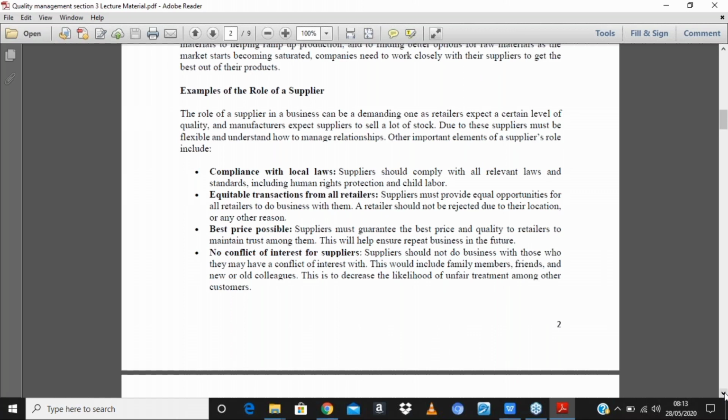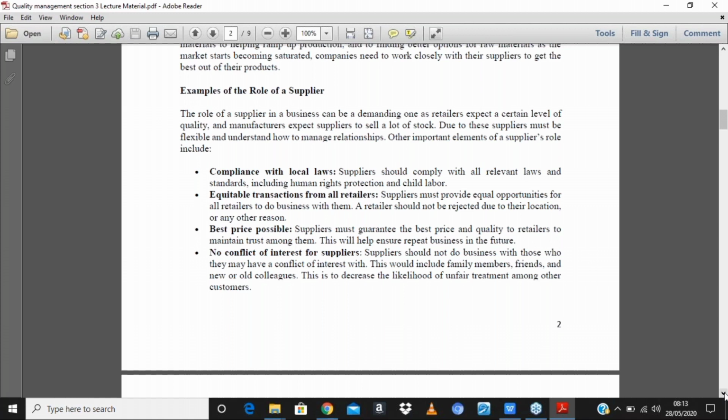First of all, compliance. An important element of the supplier role is that suppliers have to comply with local laws. A country can give a directive on how things can be done, especially if you are an international supplier.